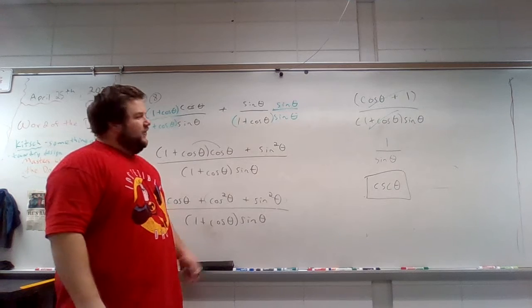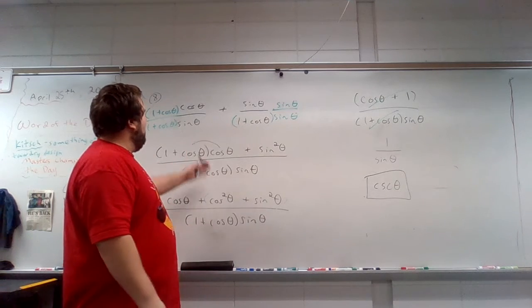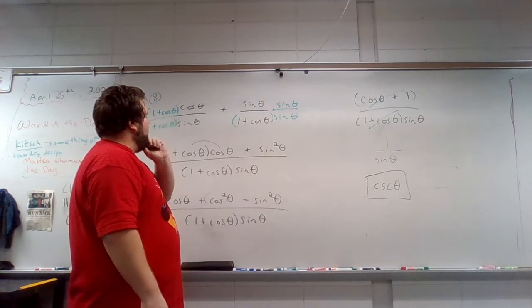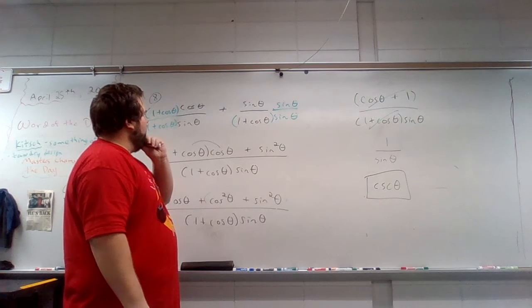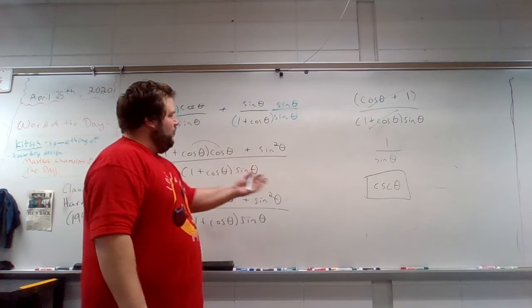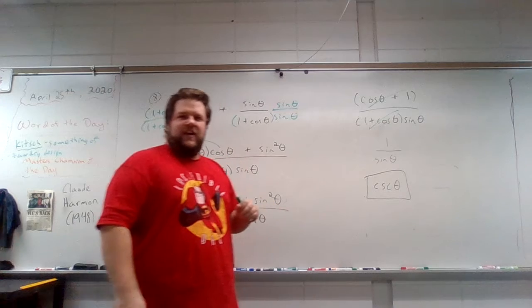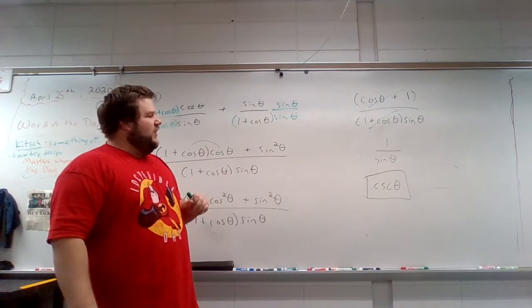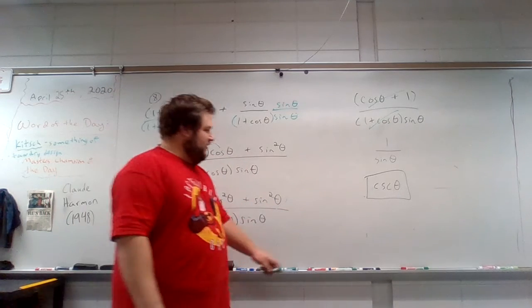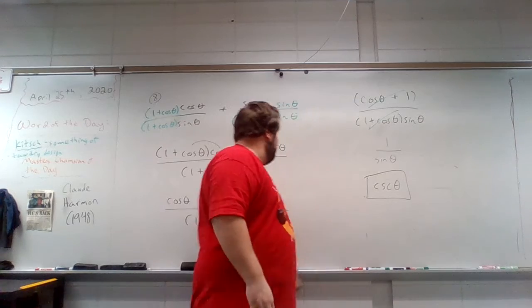Okay? So this is kind of neat. I add these two fractions together with sine and cosine, and I end up with this. I wouldn't have guessed that. So that's the cool thing about simplifying these trig expressions.